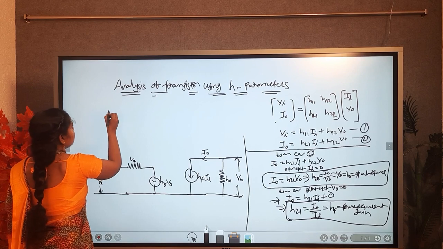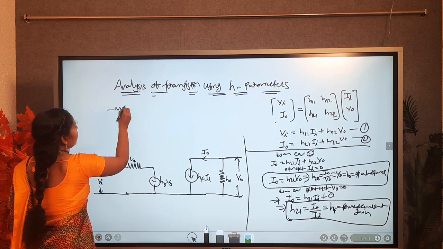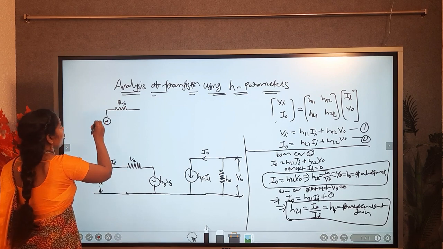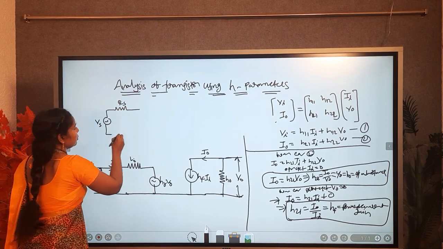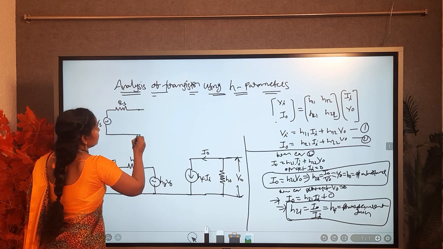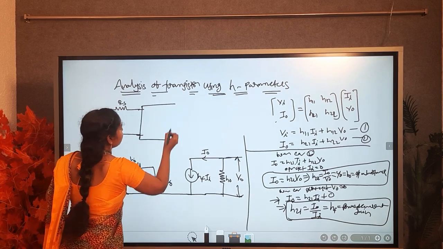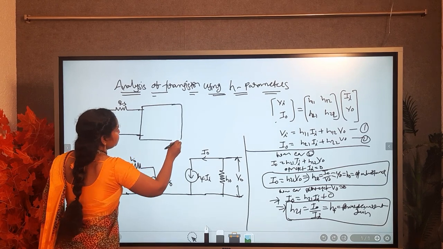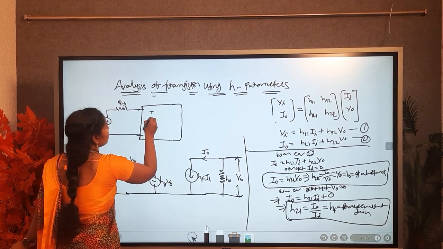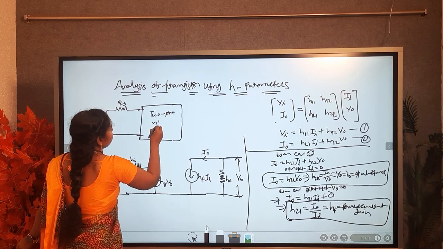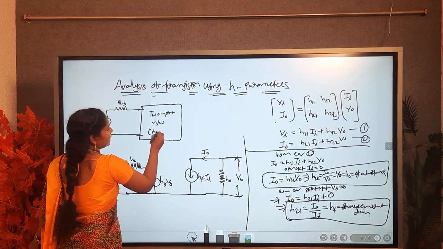Actually, this is the Rs, and this is the voltage source. This is the transistor. Instead of the transistor, we are replacing it with the two-port network, nothing but a transistor.